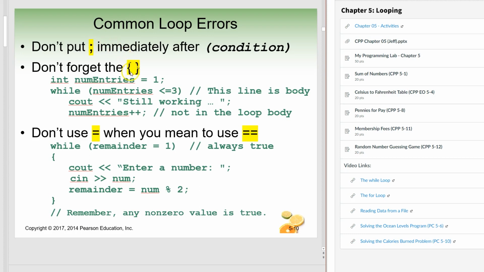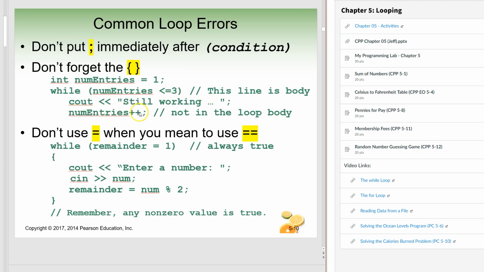And then don't forget to use the curly braces. Okay, so if we take a look at this code, you can see in here while, and then here's our condition, num entries less than or equal to 3. So we're setting this up, and you can see how this is indented. And if you're coming from a language like Python, where simply indenting something was enough, then maybe the way this is set up is okay. But the problem with this is if you don't use curly braces, this will read in here, and you'll get this particular piece, and then it will come down here, and this line is part of it.